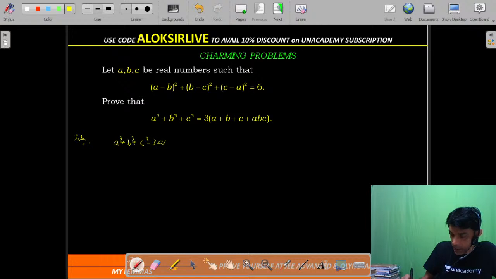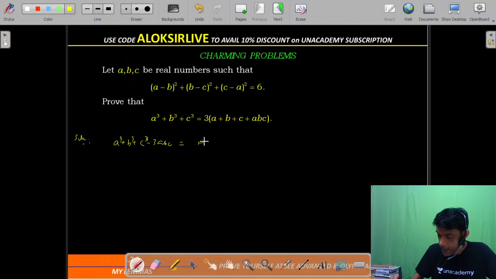If I write, then I can write this as a plus b plus c, and instead of writing a squared plus b squared plus c squared minus ab minus bc minus ca, I would like to write it as half times a plus b plus c times (a minus b) squared plus (b minus c) squared plus (c minus a) squared.